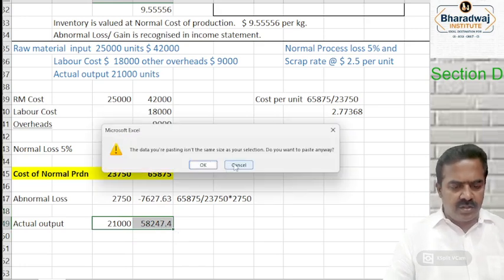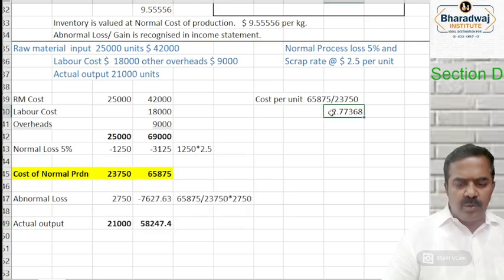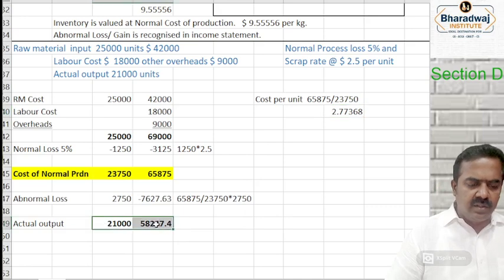You can also cross check. 21,000 into 2.77368 will give the same answer.